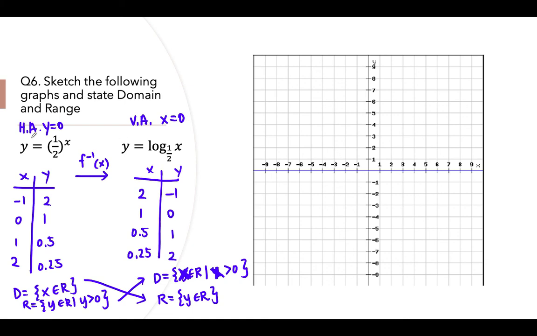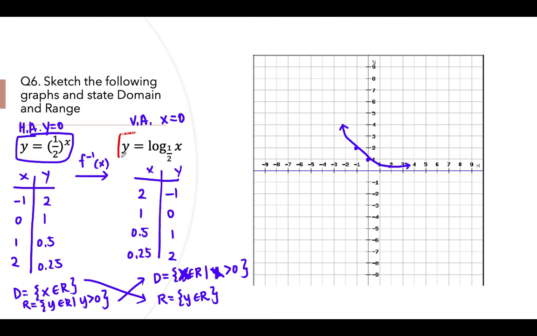So let me draw the exponential in blue color. So negative 1, 2, 0, 1, 1, 0.5, and this. So it looks something like this. Okay, so that is my exponential.